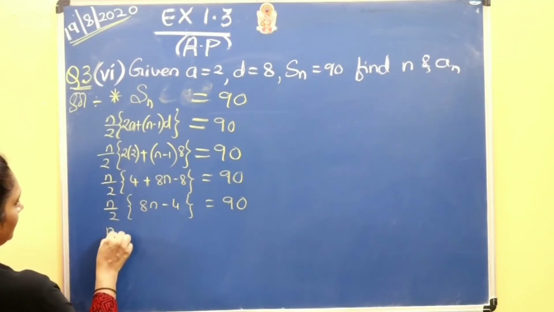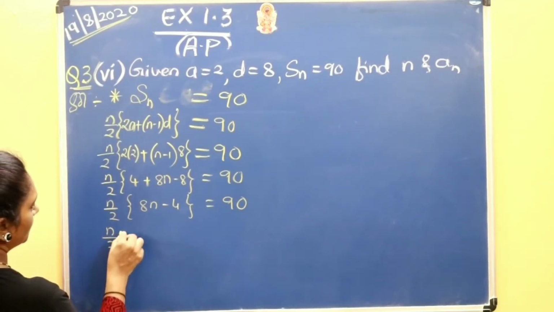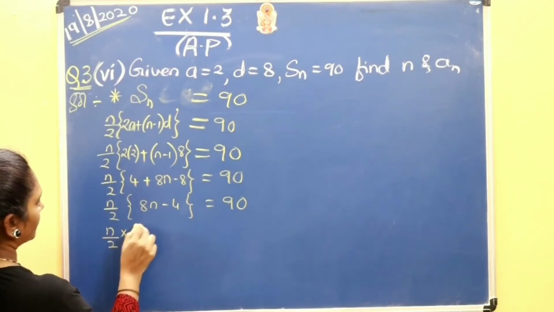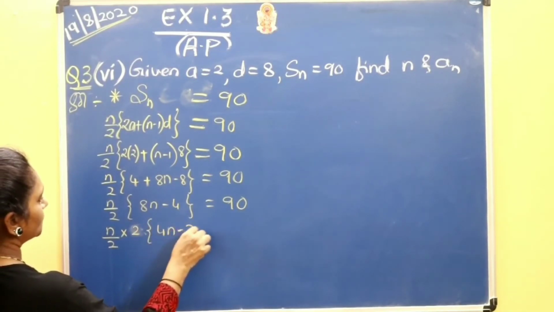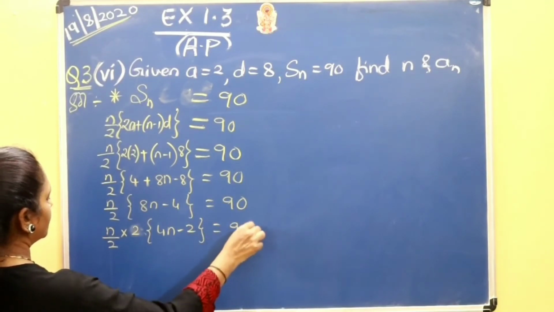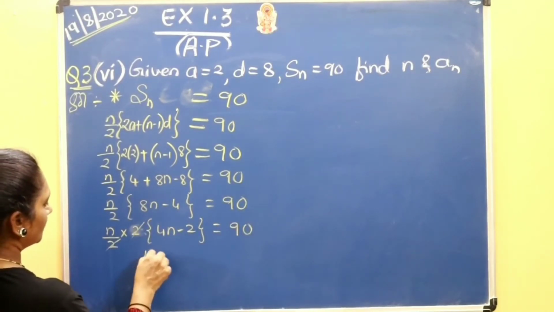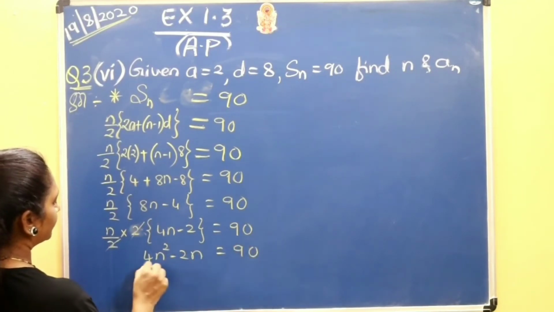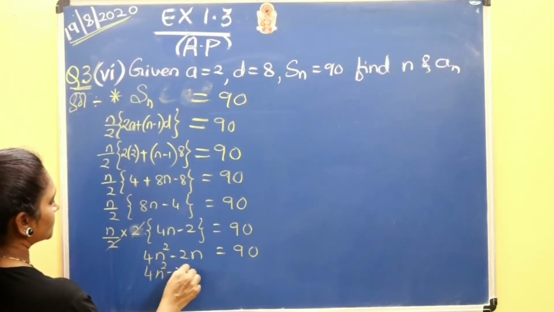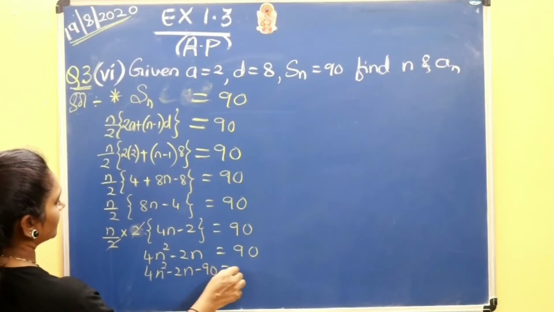So you take 2 common, n by 2 into 2 times 4n minus 2, 90. So 2 gets cancelled. 4n square minus 2n equal to 90. 4n square minus 2n minus 90 equal to 0.